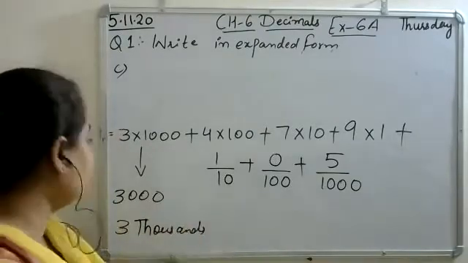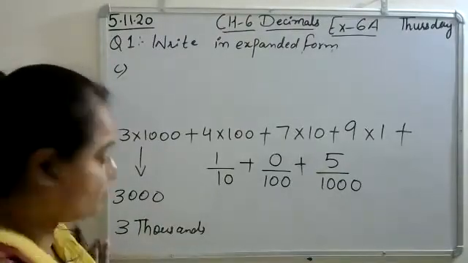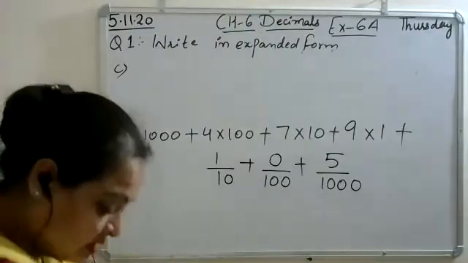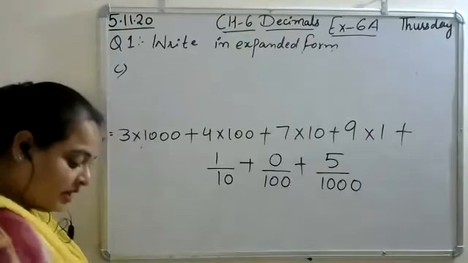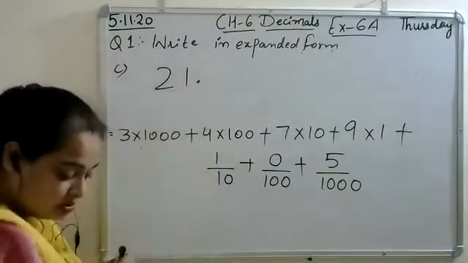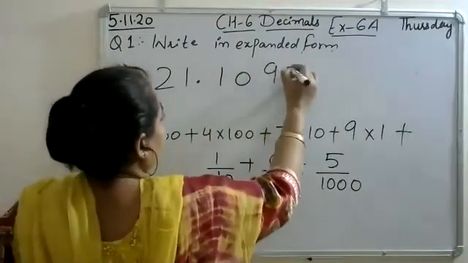So use any one method, all are correct. Next, the C part is 21 decimal 1097.